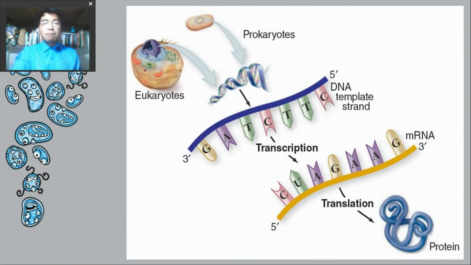Speaking of which, both prokaryotic and eukaryotic organisms contain DNA. And this strand of DNA will be replicated first. After the process of replication, the DNA template strand will undergo transcription with the aid of different types of enzymes and proteins to create a messenger RNA, which will be responsible for encoding the different codes present on the DNA template strand.